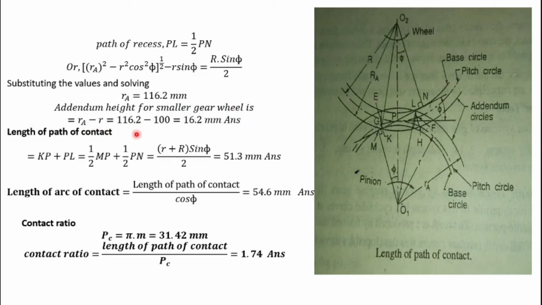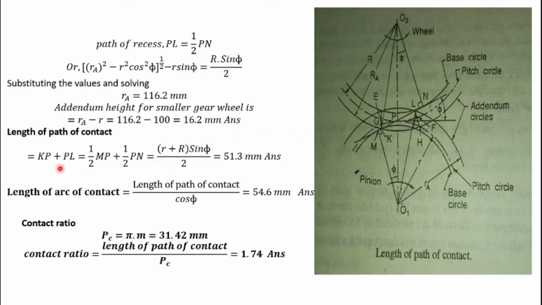Now we have to find the length of path of contact. The length of path of contact is KL. KP is the path of approach, and PL is the path of recess, and we have found the path of approach and path of recess also.